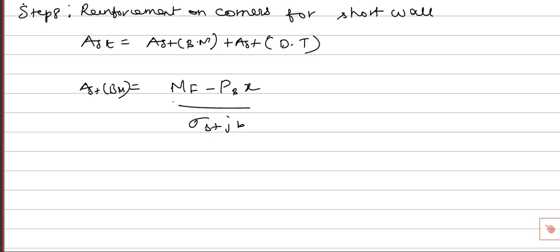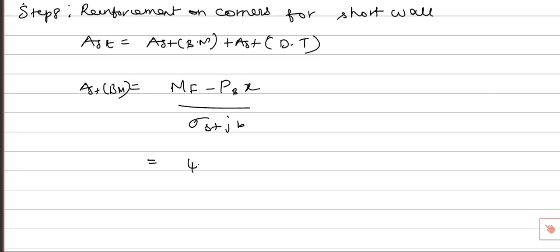So MF, from step 2 we have found the fixed end moment, 45733.33 into 10 power 3. So let's calculate this one. X we have calculated in the previous step 7.